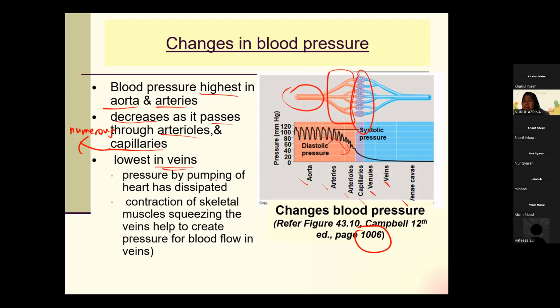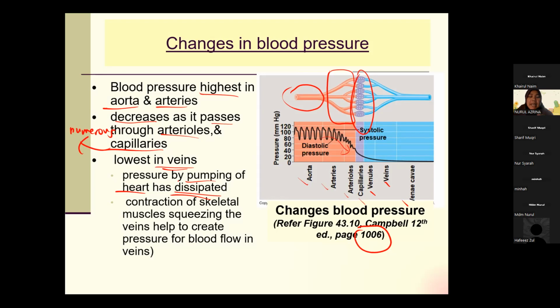Because the pressure by the pumping of heart has already dissipated. You just imagine darah dah lalu dalam capillary, pressure dah sangat rendah, macam mana pula daripada pressure rendah tu dia nak jadi tinggi balik kan? Alright, so that's why the pressure has already dissipated. Dissipated means pressure tu dah macam hilang dah as it travel from the arteries to the arteriole to the capillaries.